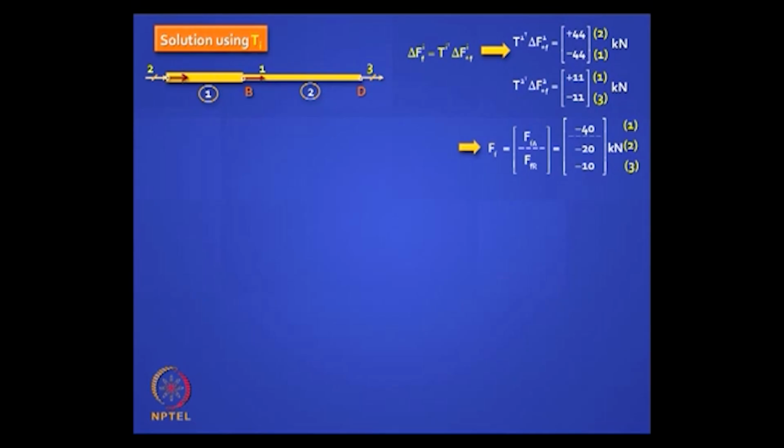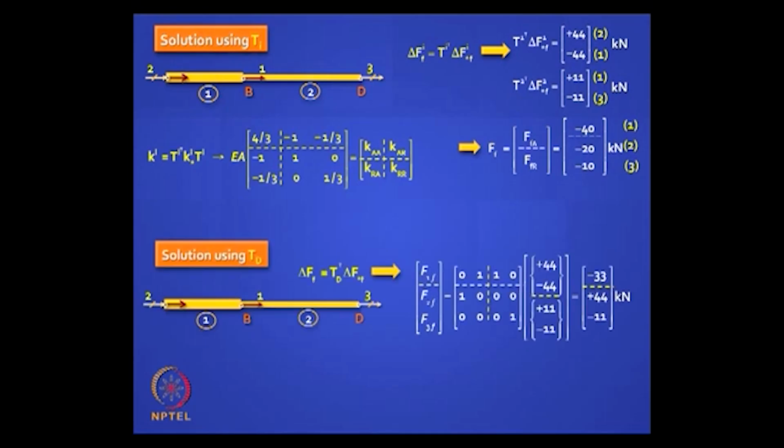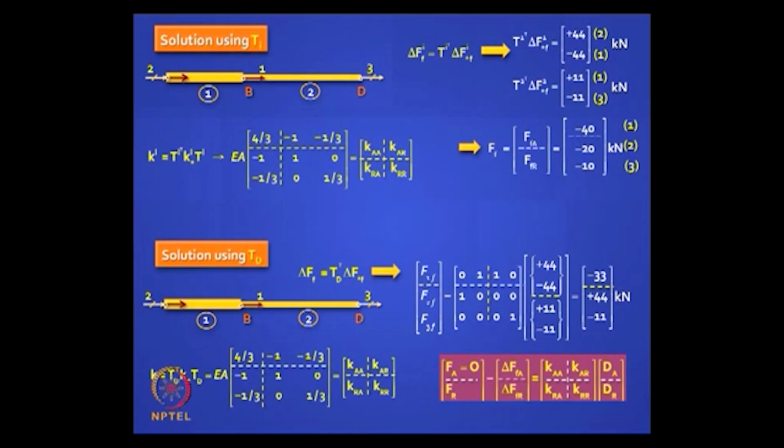Then you got the fixed end force vector, you have the K matrix. If you are doing the TD method, it is direct, no thinking, you got the TD transpose and you can directly get the answer, and then you use the same equations, you solve these equations.